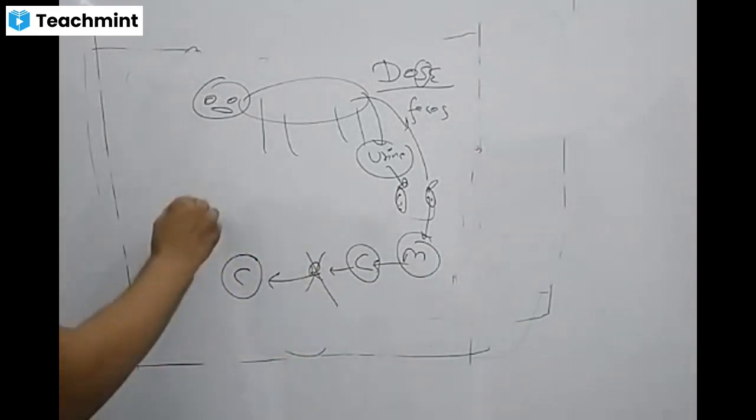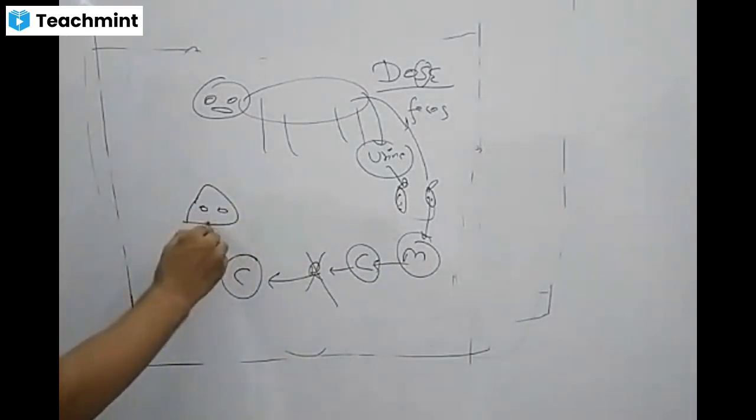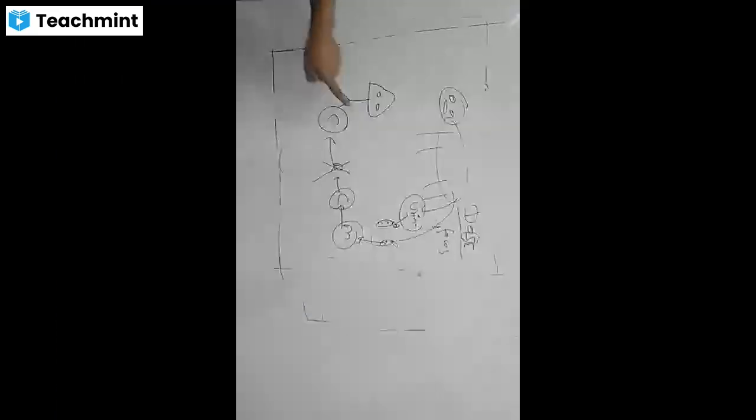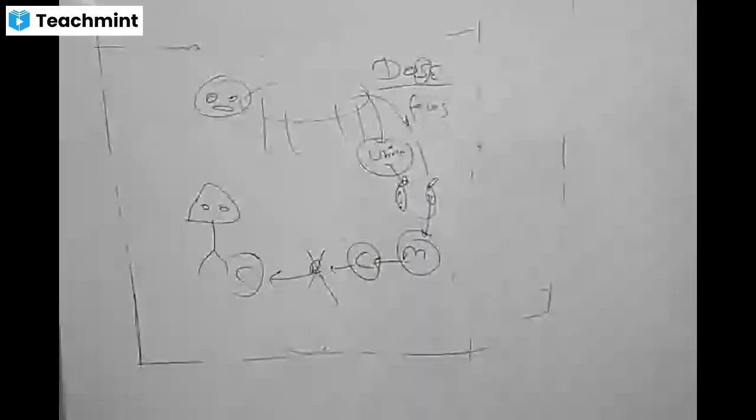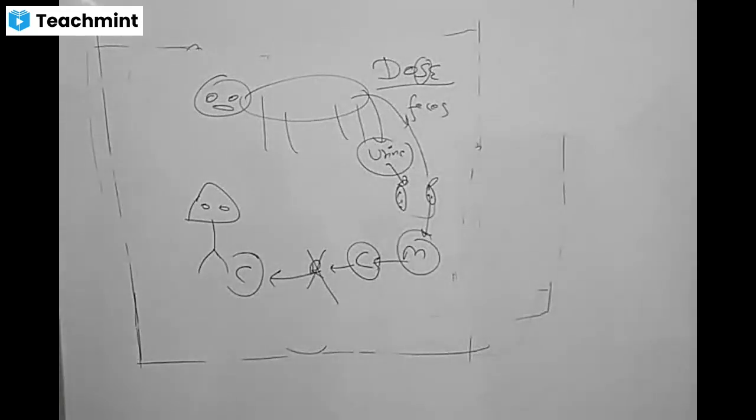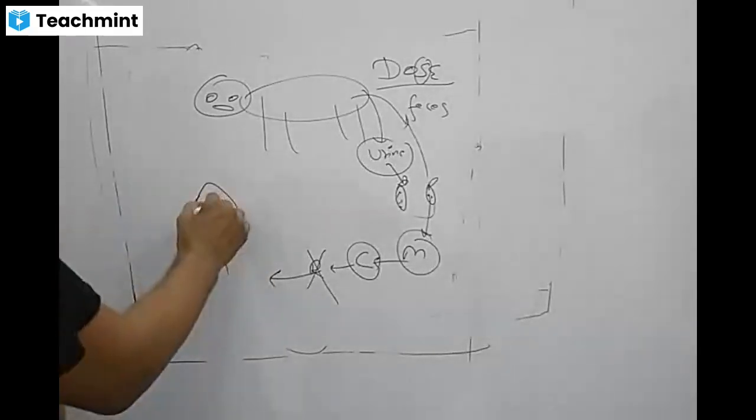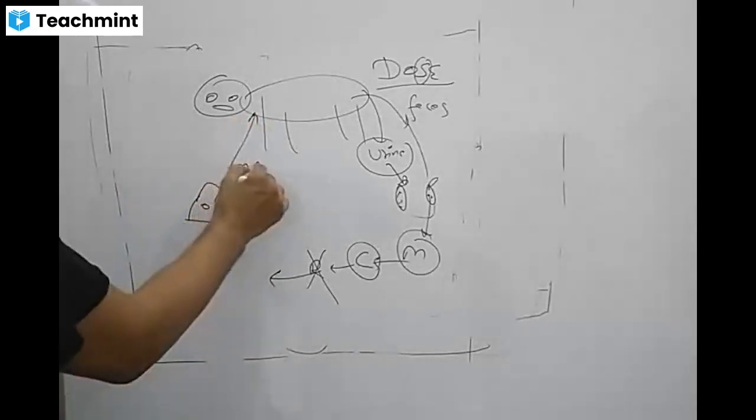The special feature, which ICAR has asked 2-3 times, is that the cercaria tail is bifurcated.